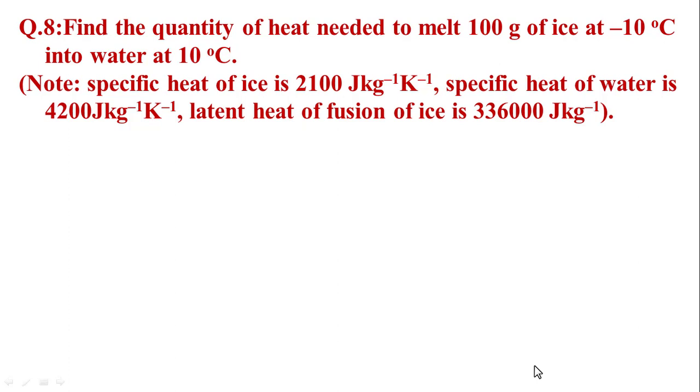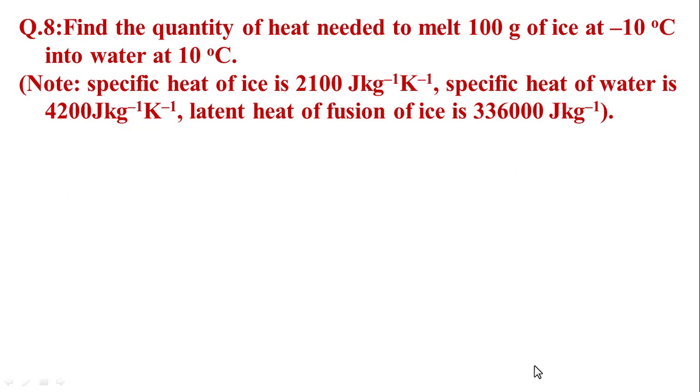So you know that specific heat of ice is 2100 joule per kg per Kelvin and specific heat of water 4200 joule per kg per Kelvin and latent heat of fusion of ice is equal to 336,000 joule per kg.